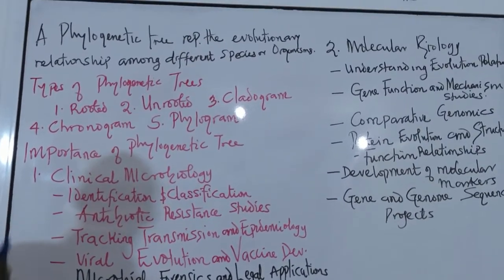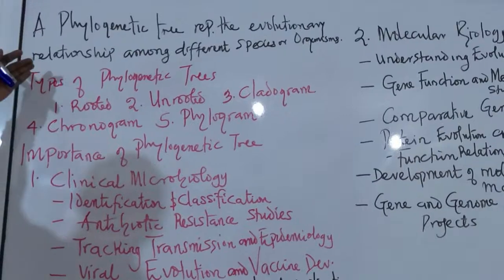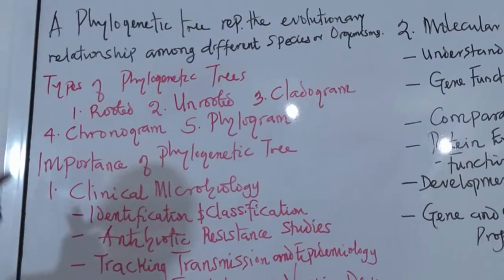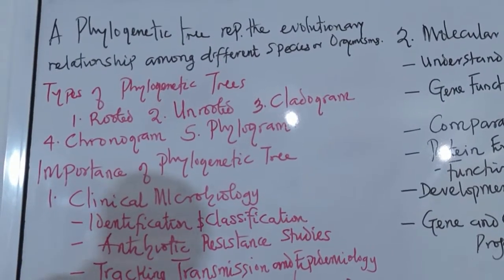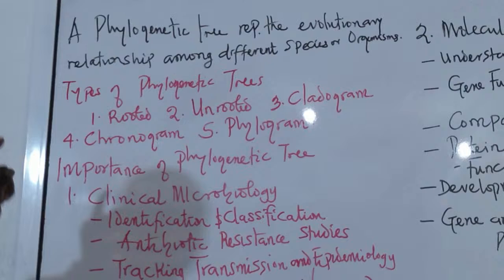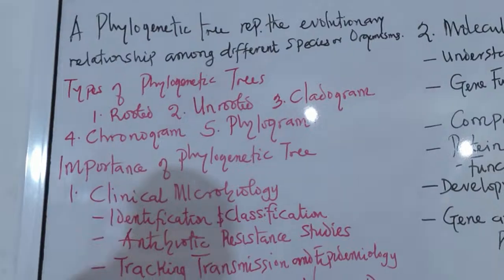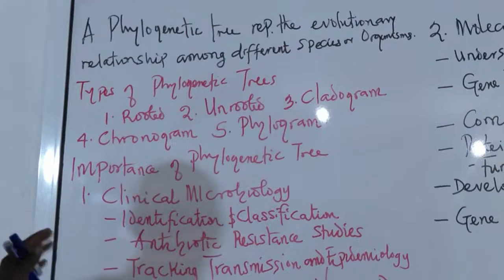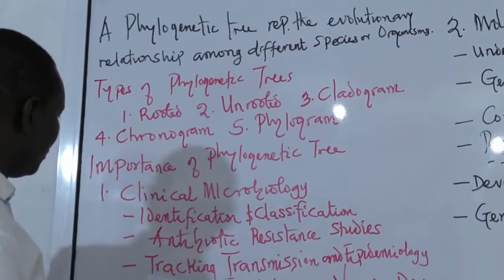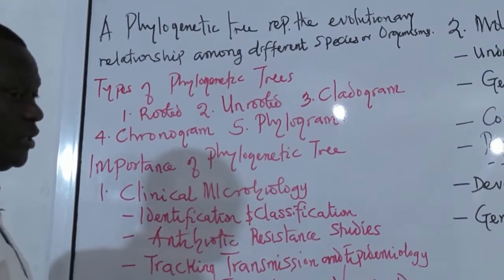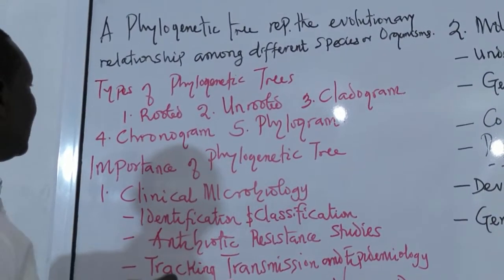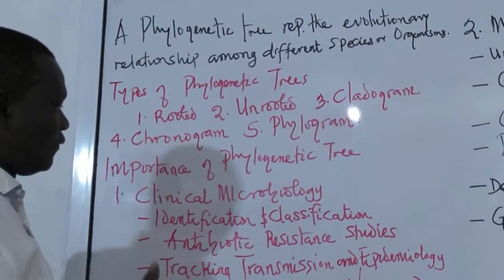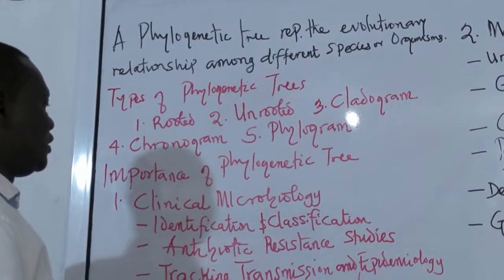The second one, immediately after that, was when Carl Woese introduced the phylogenetic tree in classifying organisms into three domains. The instrument he used was based on a belief that all organisms must have come from the same ancestor, which was aquatic in nature.